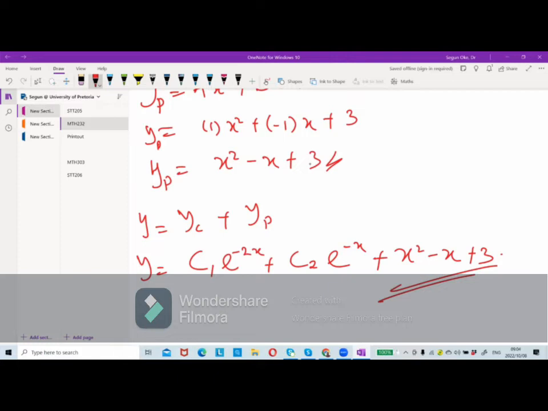Now, because of our time, you can use this method to solve when you have cubic or any polynomial function. But let's quickly solve the one with exponential first. I think that one will help us to take note of certain things, so we will be able to know how to solve them.